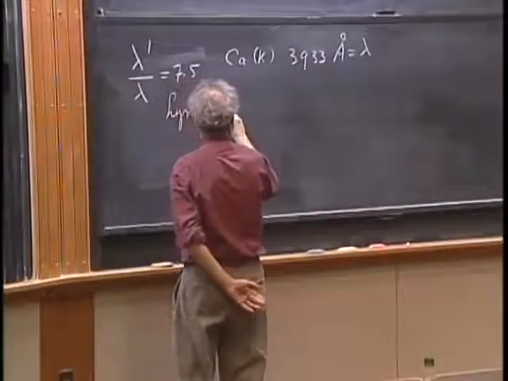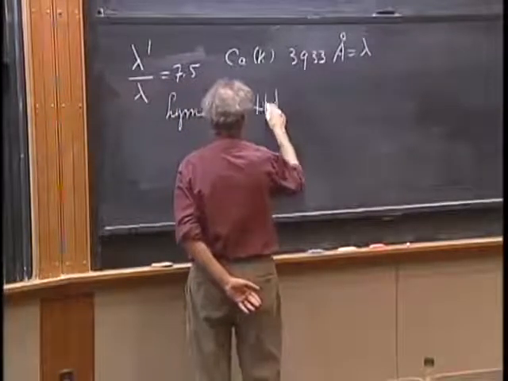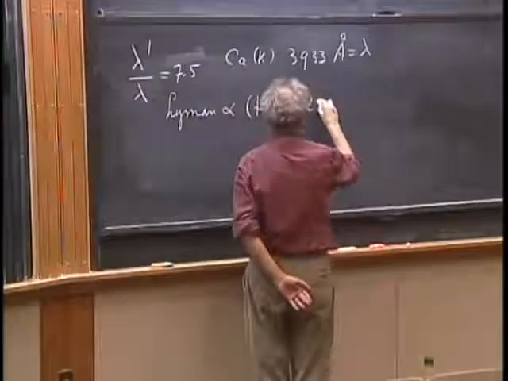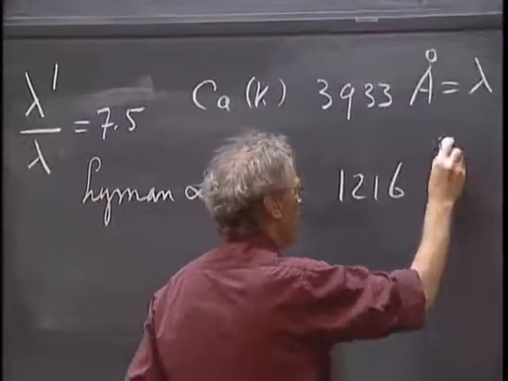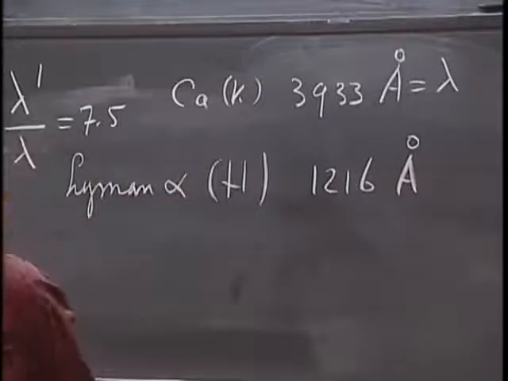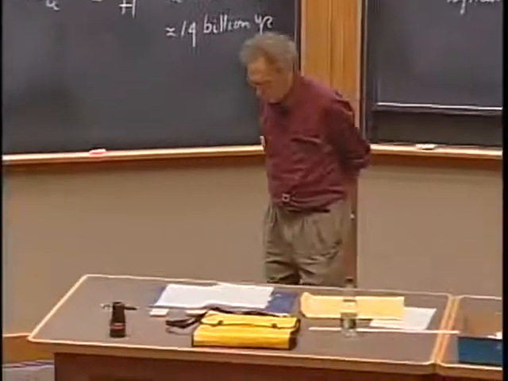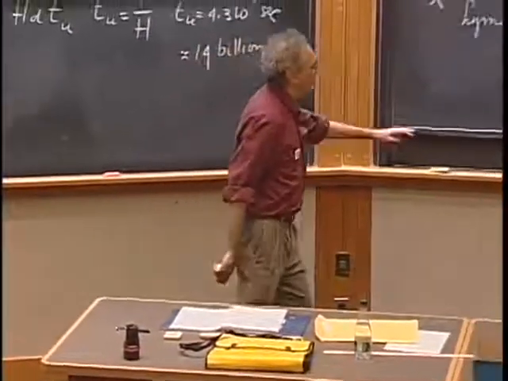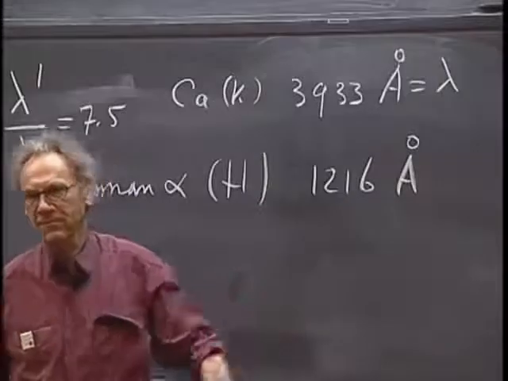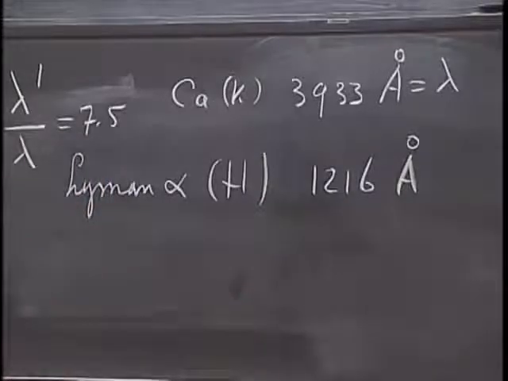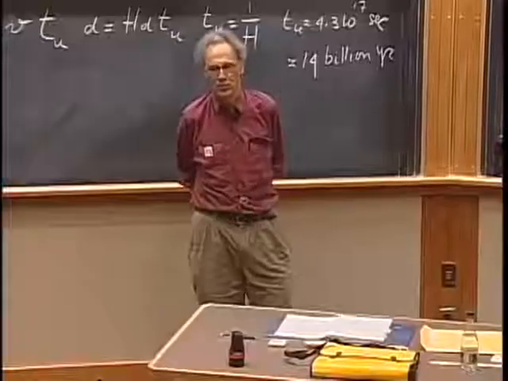And the wavelength is 1216 angstroms, which is in the UV, which you cannot observe from the Earth. The atmosphere absorbs the UV. But if you multiply this by 7.5, then you get it all the way down to about 9,100 angstroms, which you can observe from the ground.